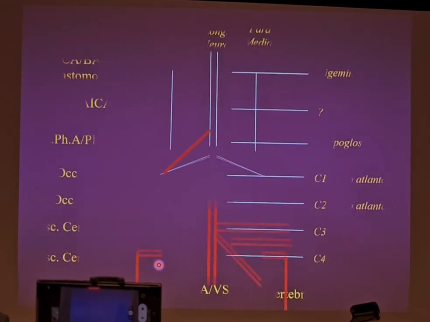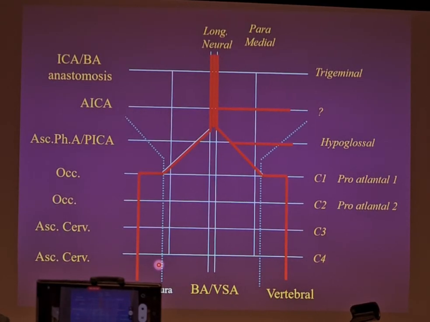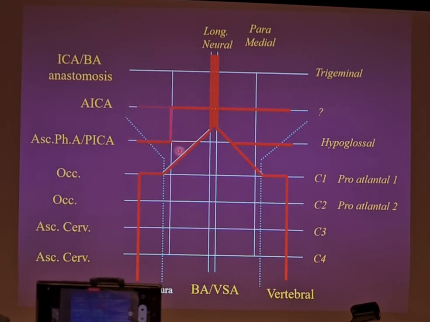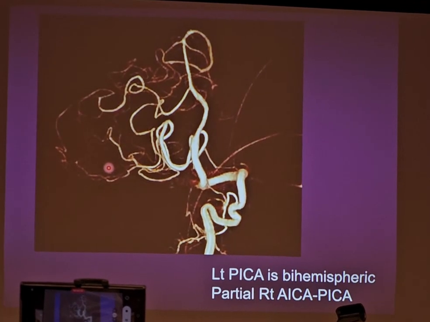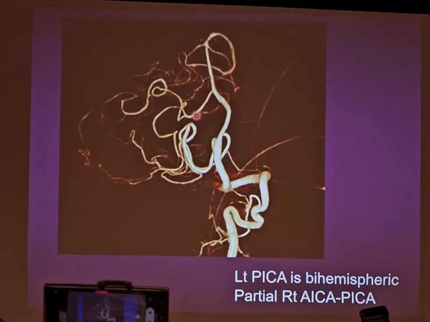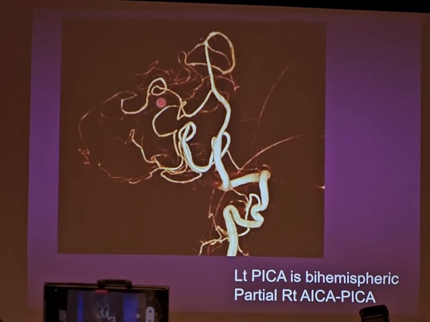One of the most frequent variations that we see in the region is PICA. That means a regressed, dominant AICA gives rise to this PICA. So this is very often seen in our real practice, and you see that this AICA gives a big PICA branch downstream.